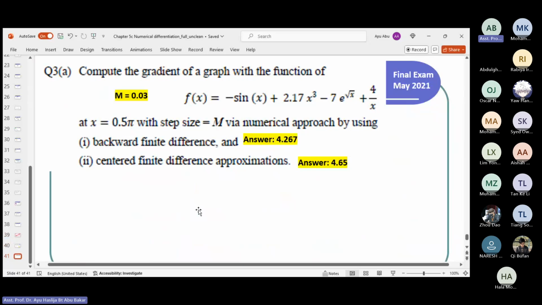Okay, now this one. May final exam, May 2021. It asks you to compute the gradient. So gradient here means the first derivative. Okay, make sure you know the terms. As I informed earlier, gradient is equals to dy/dx, which means the first derivative.